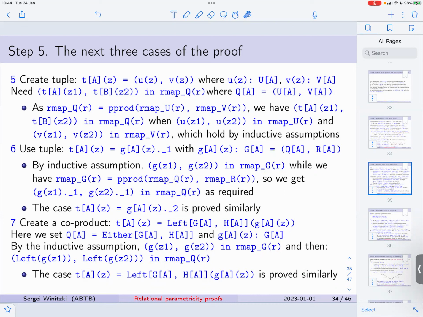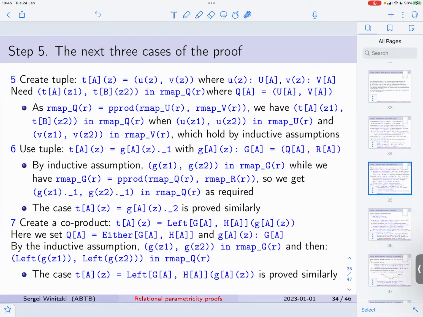So it means that the first part of the tuple must be in this relation, and the second parts of the tuple must be in this relation. Well, the second parts of the tuple we don't need, and the first parts are in the relation that we require. And so that proves that this expression satisfies the law. And when it's the second part of the tuple, it's a very similar proof.